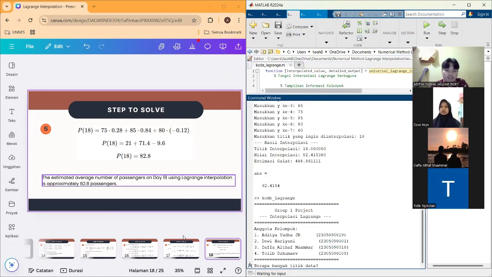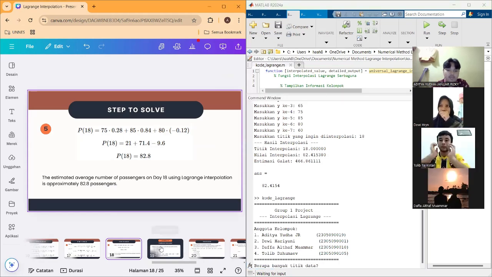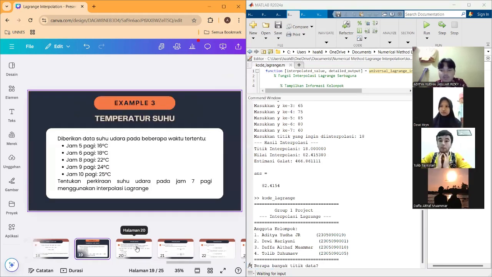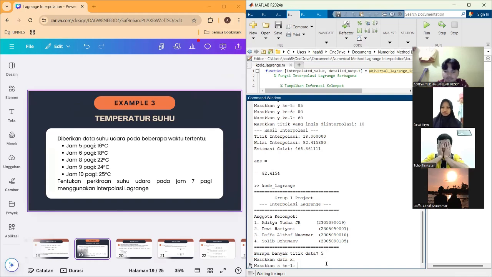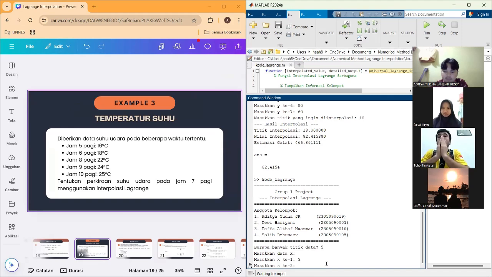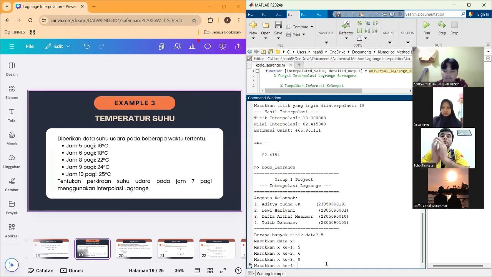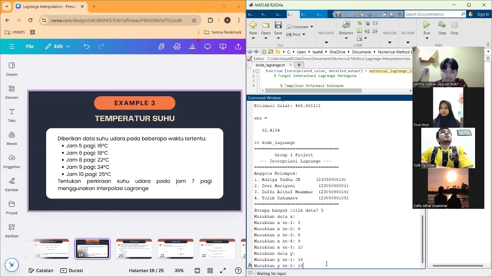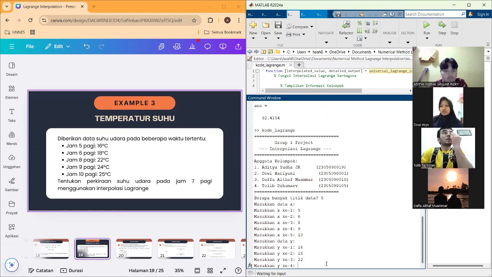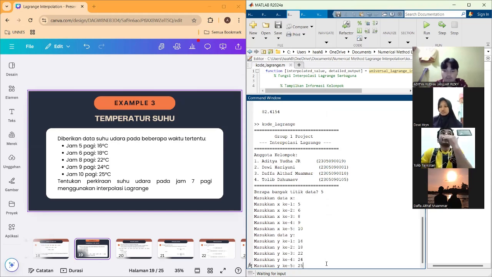Now, the third example that was explained by Mas Muammar is about temperature. There are 5 data points: 5 a.m., 6 a.m., 8 a.m., 9 and 10 a.m. The temperatures are 16, 18, 22, 24, and 25.